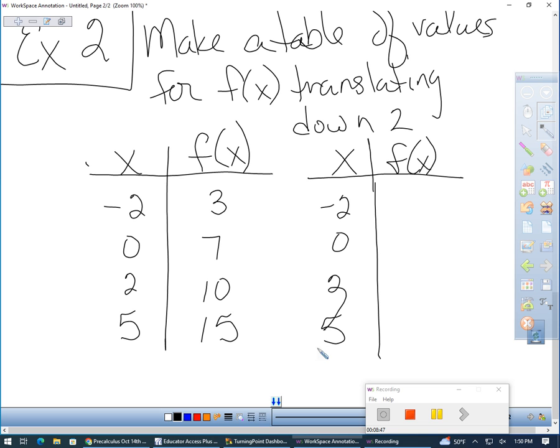And if I'm going down 2, what do you think I'm doing to all those y values? Minusing 2. So if I have 3 in my new table, it becomes 1. If I have 7, it becomes 5. If I had 10, it becomes 8. And if I had 15, it becomes 13.